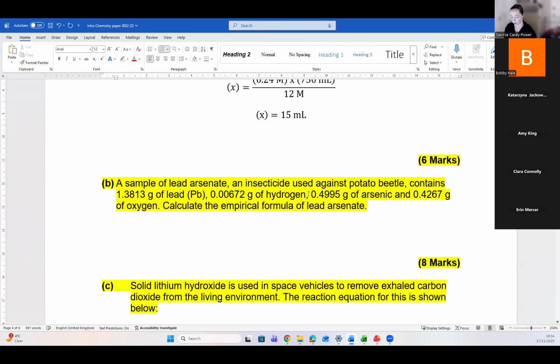Hydrogen is H. Arsenic is As, and oxygen is O. But it would be very rare that they would do that. They'd give you the compound or the element, and then they give you the symbol for it, so you don't have to go searching through the periodic table.